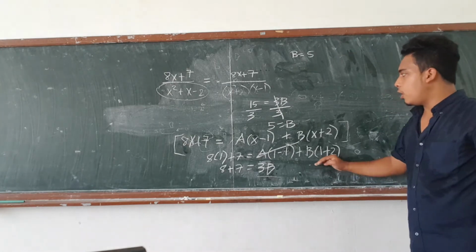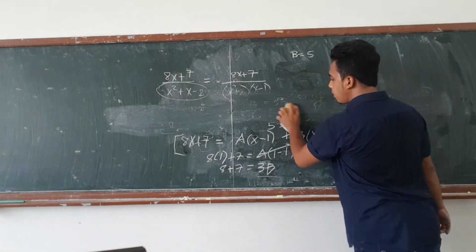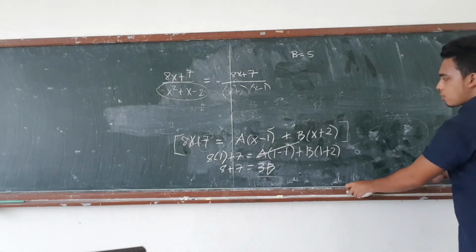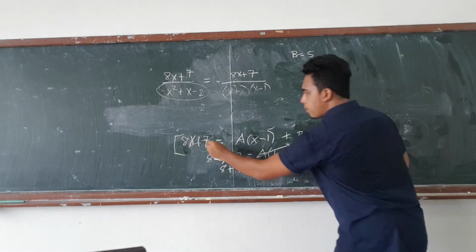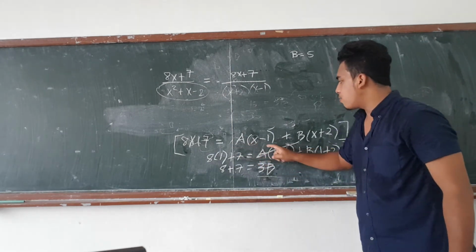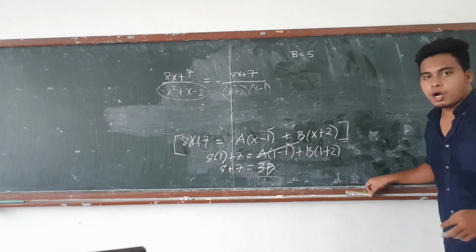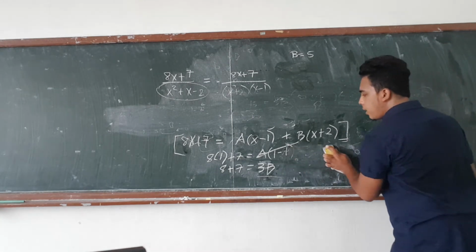So we need to eliminate b. Where do we eliminate b? Based on this equation, 8x plus 7 equals a times x minus 1 plus b times x plus 2.